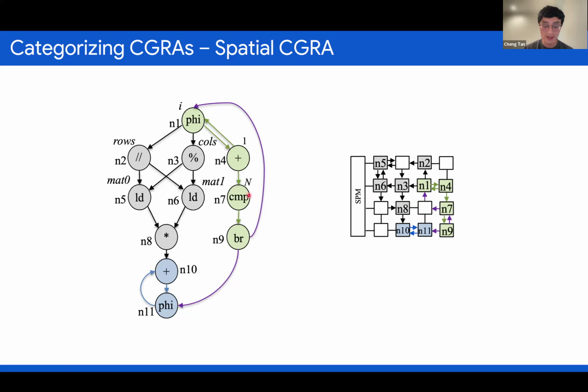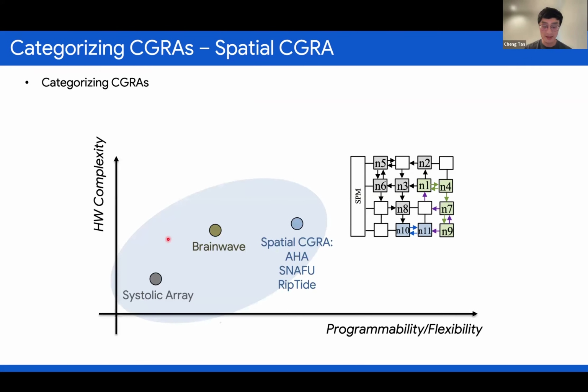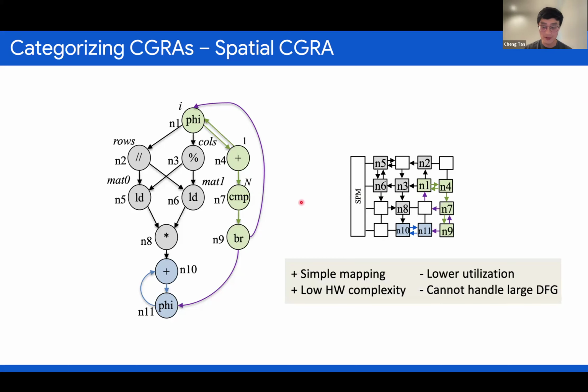But note that you cannot launch a new iteration every cycle, because there is an inter-iteration data dependency across iterations. So normally you can only start the next iteration after 4 cycles to meet this dependency.